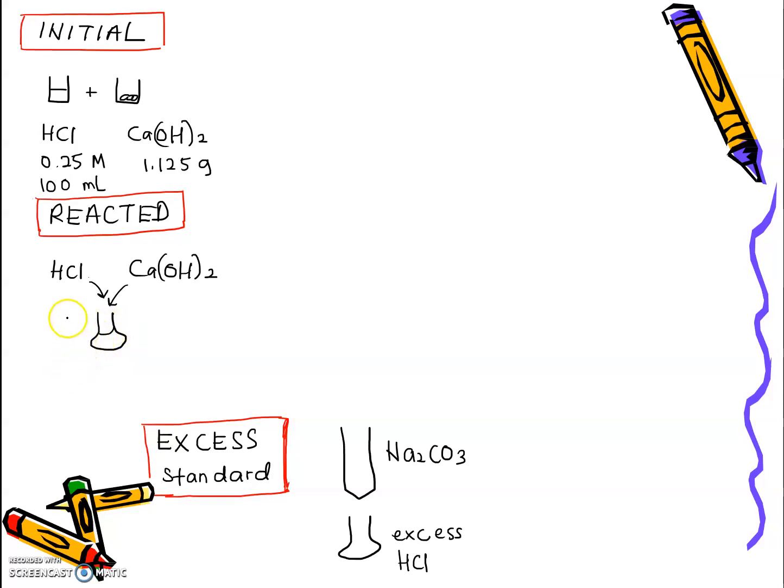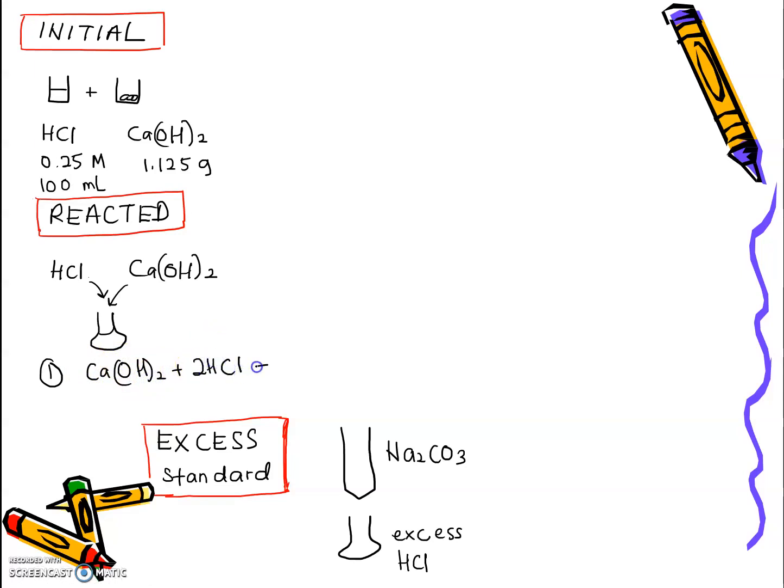So now HCl and calcium hydroxide have reacted and come up with one balanced equation between calcium hydroxide and HCl. Okay, the reaction is calcium hydroxide plus 2 mole HCl.